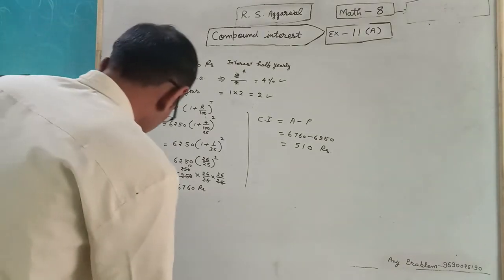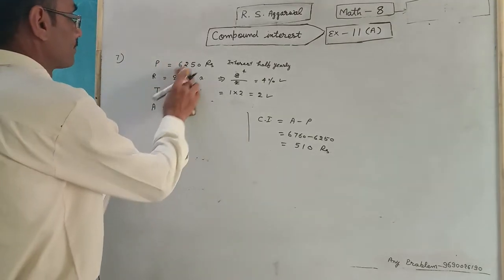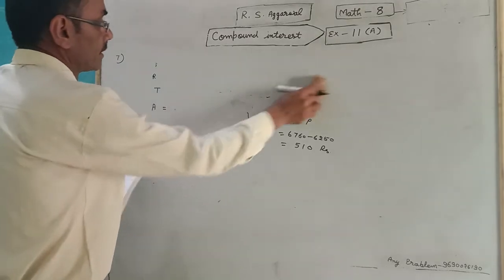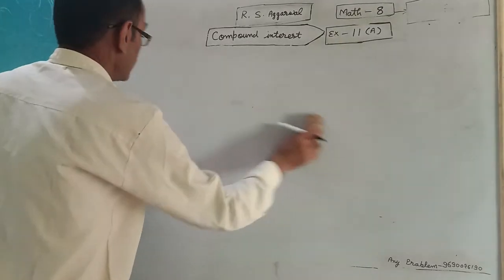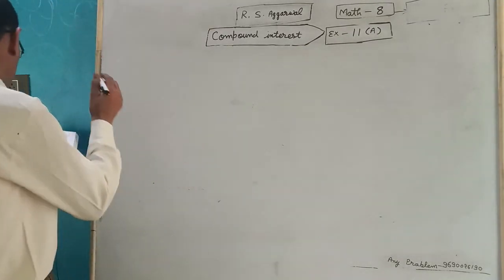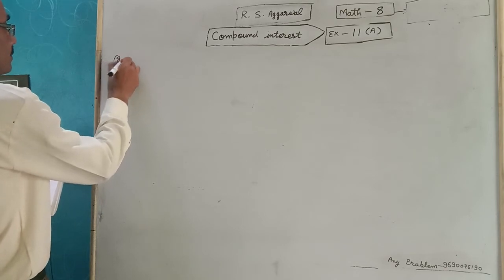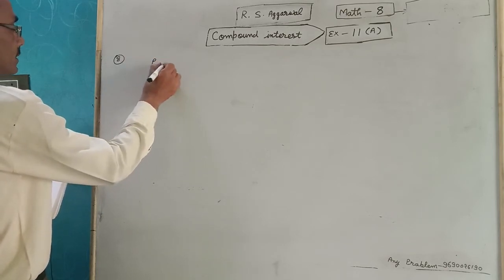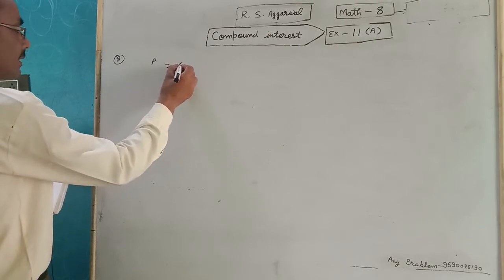Question number 8 is Michael. Question number 8, P will be 16,000.